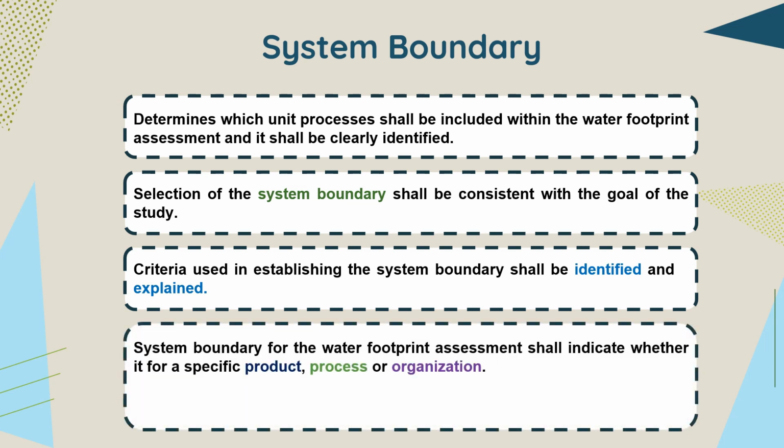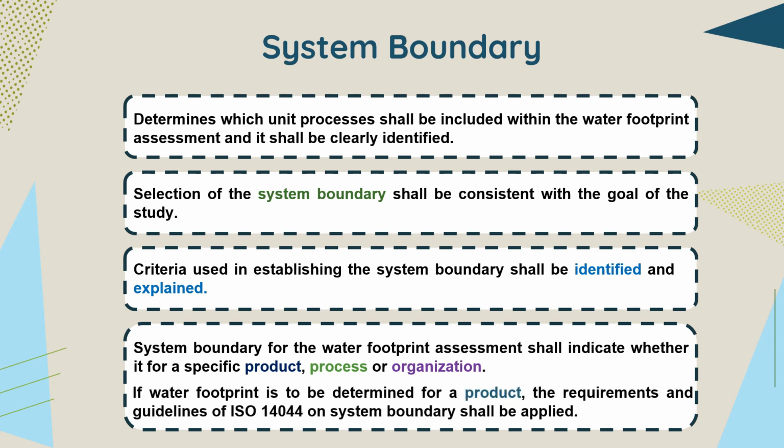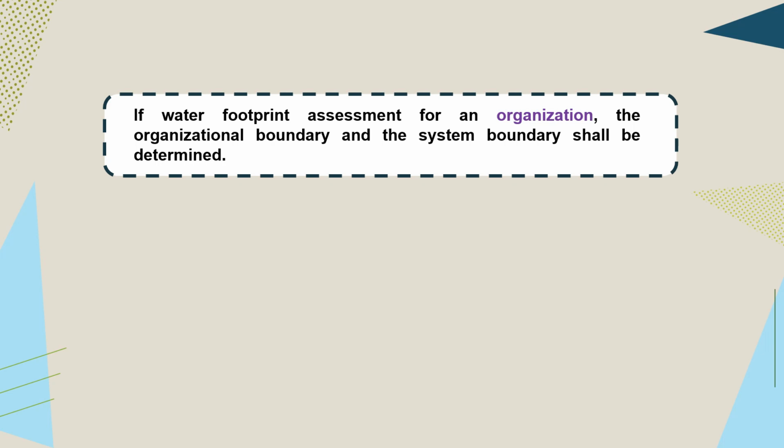The system boundary for the water footprint assessment should indicate whether it is for a specific product, process, or organization. If the water footprint is to be determined for a product, the requirements and guidelines of ISO 14044 on system boundary should be applied. But if it is a water footprint assessment for an organization, the organizational boundary and the system boundary should be determined.